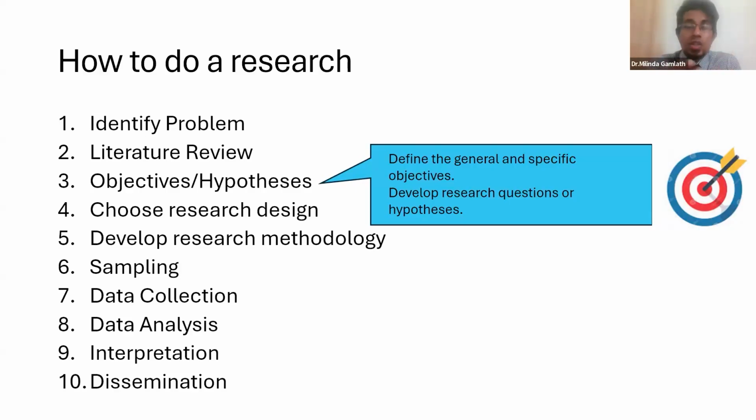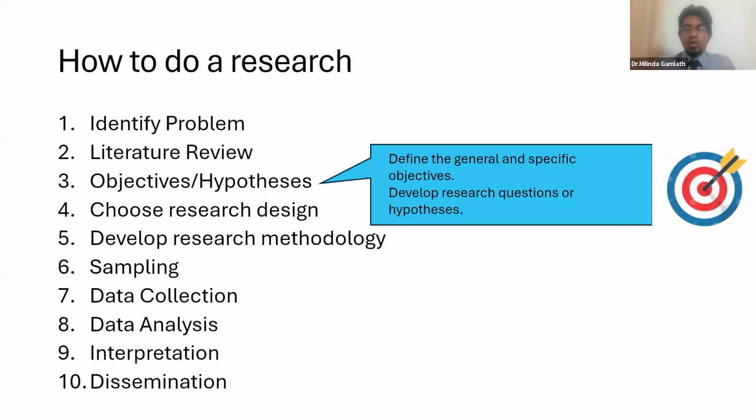So for that research I mentioned earlier, you can measure how well people have controlled their blood sugar levels in your clinic. And the next objective can be to find out factors associated with it. You can find out what are the factors associated with good glycemic control. That can be the second specific objective, right? So like that, you can have general and specific objectives, and you can also have hypotheses. So we will look into hypotheses as well.